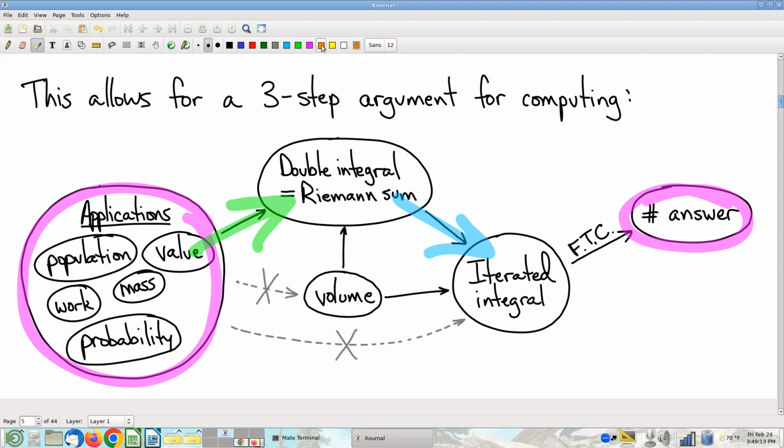Step 3, compute your iterated integral with the fundamental theorem of calculus. So again, this is the 3-step process that gets us from real world, actual, rubber-meets-the-road application questions and turns it into numerical answers, namely, how long do I cut this piece of wood to fit my application? The actual nitty-gritty answers. Is everybody with me?